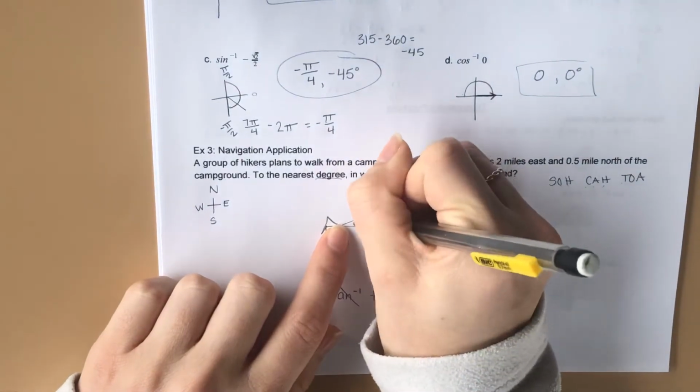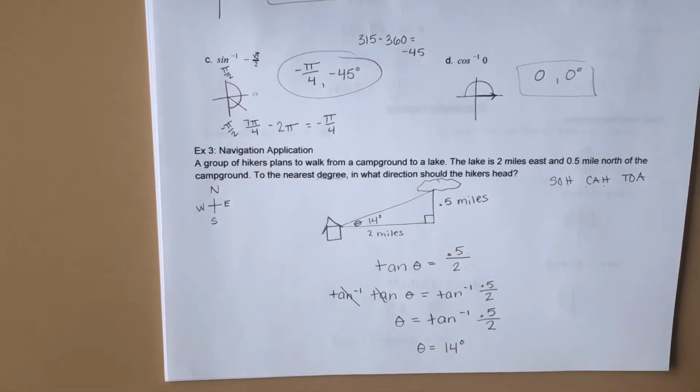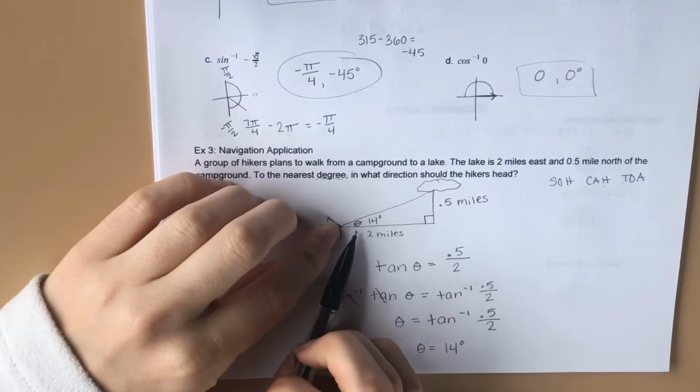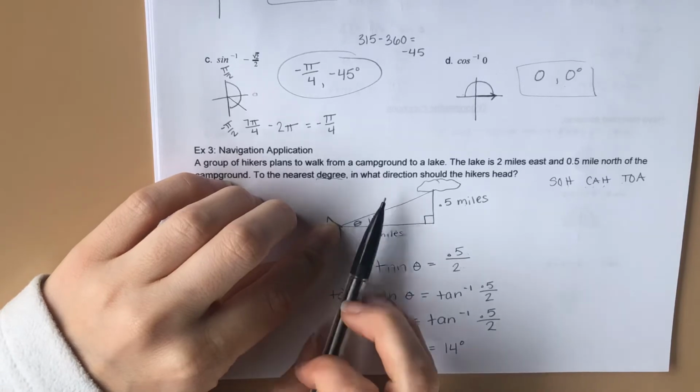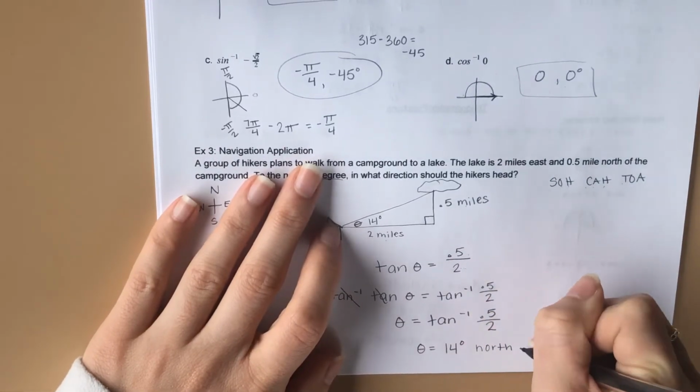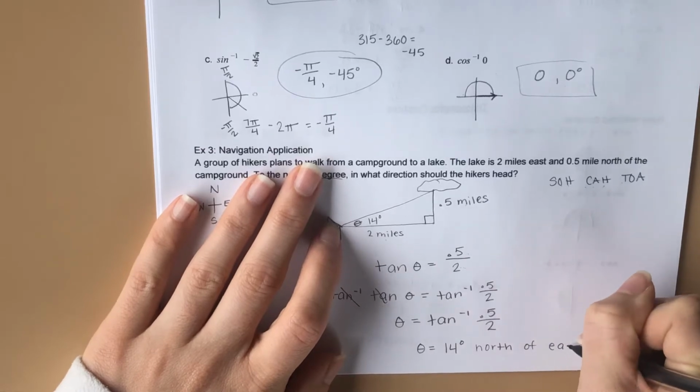So I know this is 14 degrees. What this is saying though, if I were to be looking east, we're going to go north about 14 degrees. So it's going to be 14 degrees north of east.